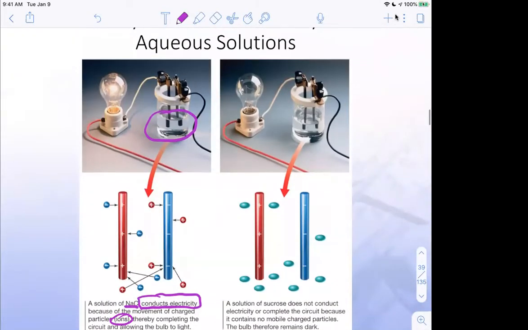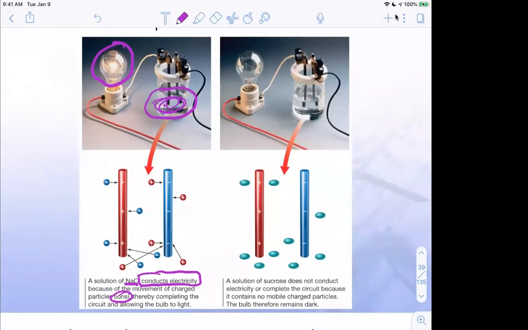So if I form a circuit, my bulb is going to light because the electricity can still be conducted in this area here. If I look at sugar, however, it does not conduct electricity. It does not complete the circuit. I have no mobile charged particles, so my bulb is dim. This forms no ions.